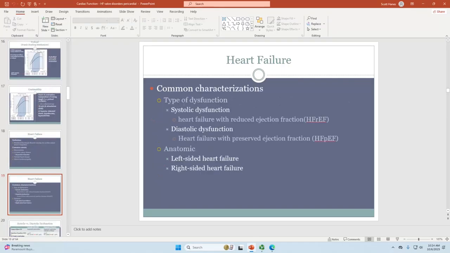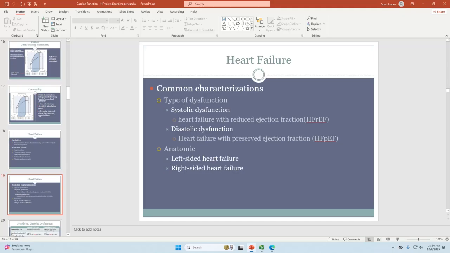All right, so when we talk about heart failure, there's different ways we can classify that. We can classify it by the type of dysfunction, so systolic or diastolic. And I'm going to use systolic and diastolic because it's a lot easier to say than what we now refer to each of those as. Systolic, heart failure with reduced ejection fraction.